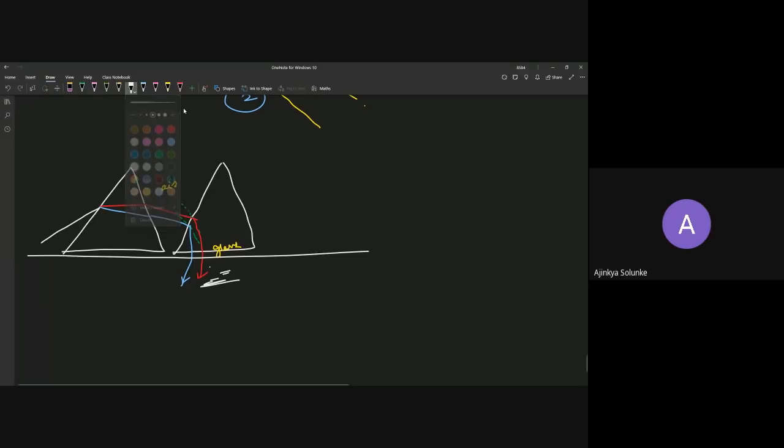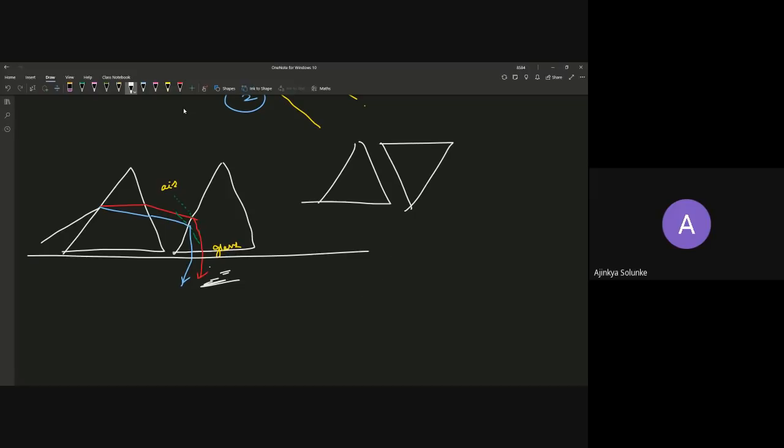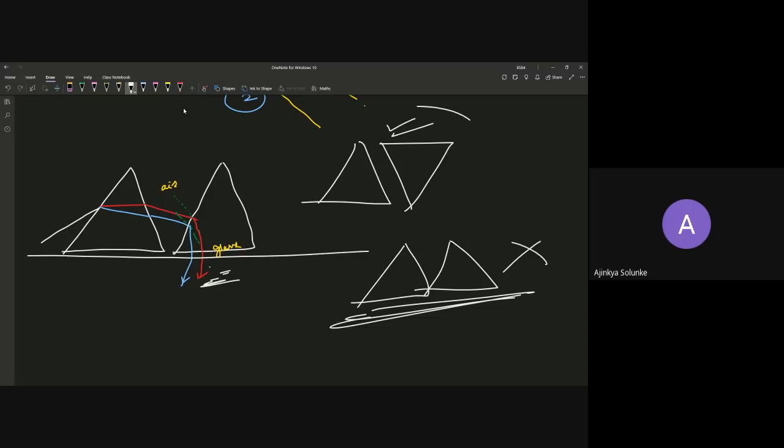So I hope you are understanding why Newton has taken this kind of arrangement, one prism and then another inverted prism, rather than going for two same prisms. Because this will not work, the light will go to the bottom side, the surface side, which is not helpful at all. But with an inverted prism, we might be able to do this.